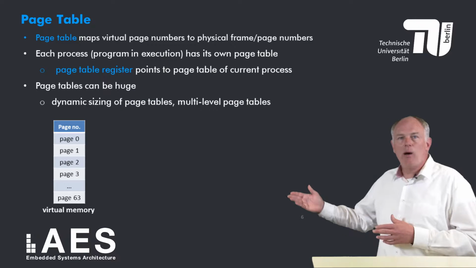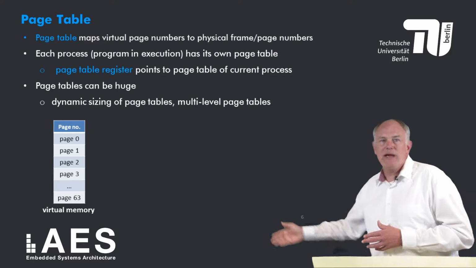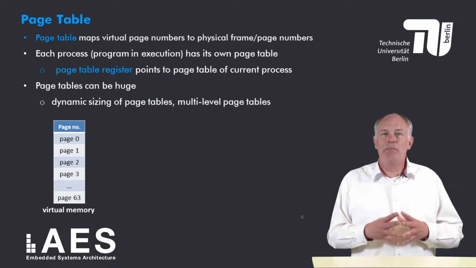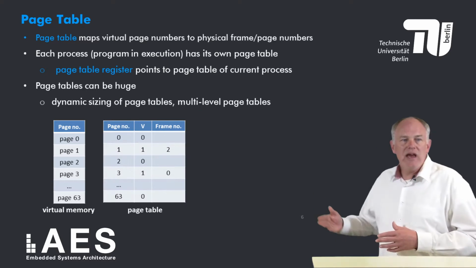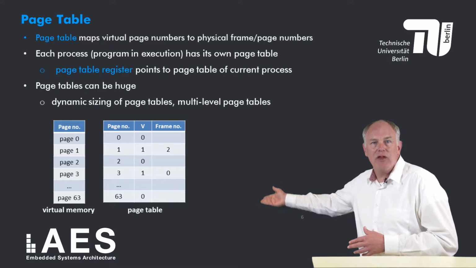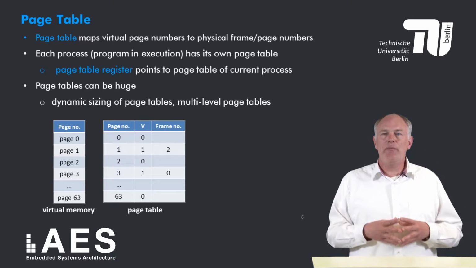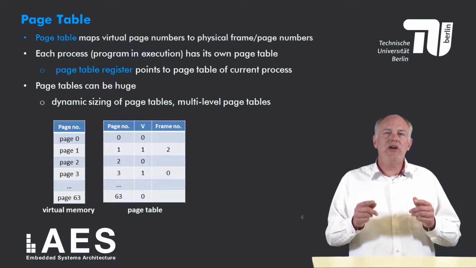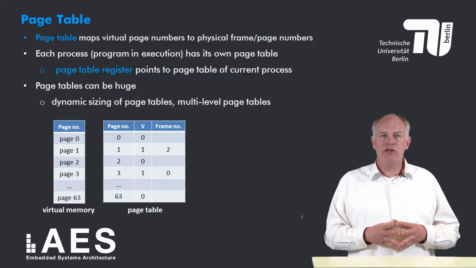Let's look at an example page table. In this example, the virtual address space consists of 64 pages, page 0 to page 63. Then the page table might look like this. For every virtual page, there is an entry in the page table. Every entry consists of a valid bit and a frame number or physical page number.